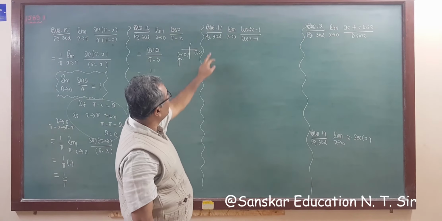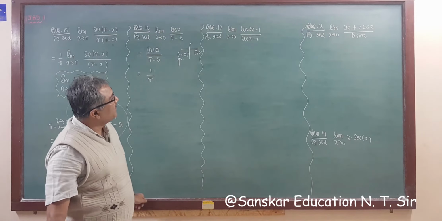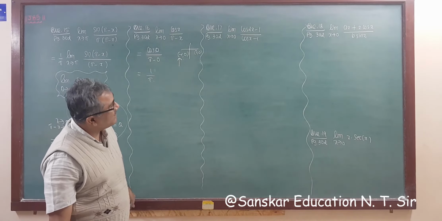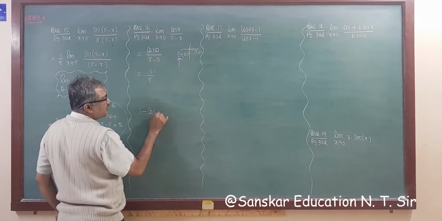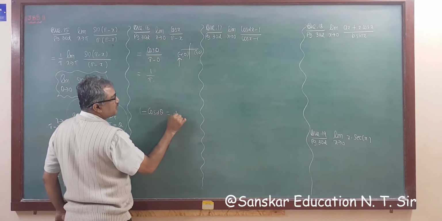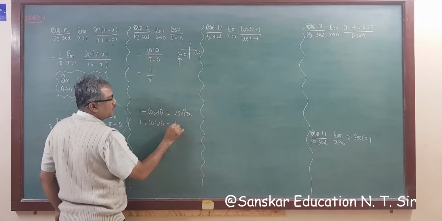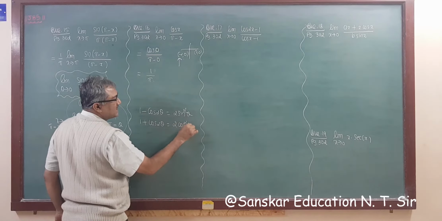Now here, question number 17. Limit x tends to 0, cos 2x minus 1 upon cos x minus 1. But you have formulas like this: 1 minus cos 2 theta is 2 sin square theta, and 1 plus cos 2 theta is 2 cos square theta. These are the formulas.